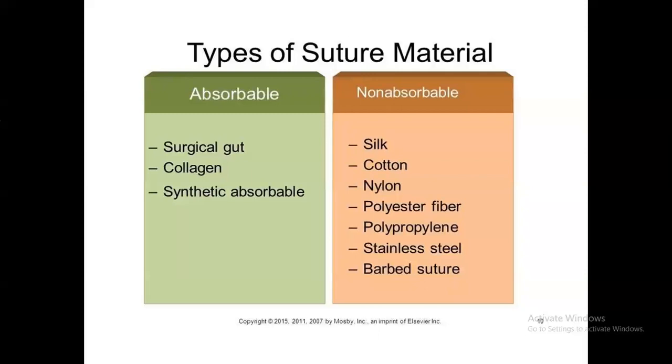Catgut type of material will be there in surgical gut. Collagen material will be absorbable ones, and some of the synthetic, man-made materials will be there, which are also absorbable. And in non-absorbable, we have silk, nylon, cotton, polyester, and all of those.